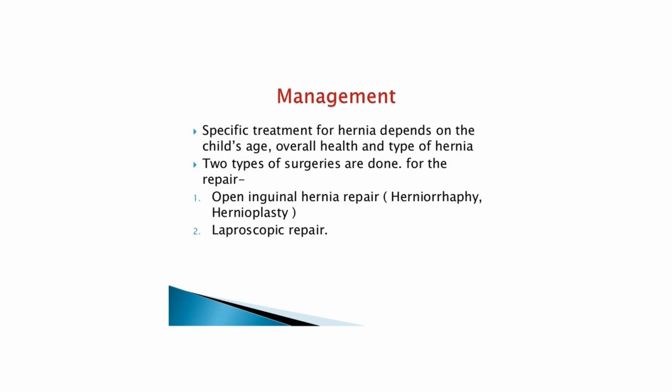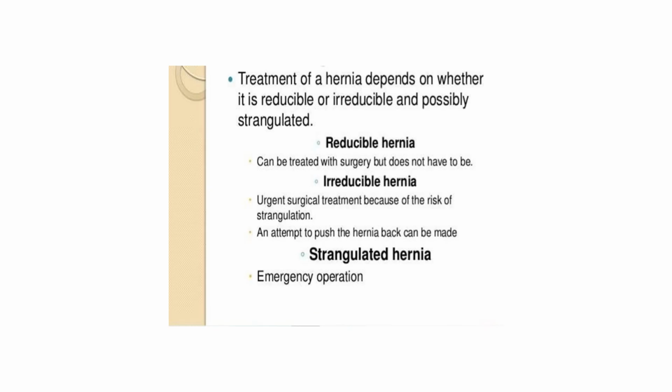So for the management, depending upon the severity of the inguinal hernia, specific treatment will be given according to the child's age and health. There are two types of surgery that can be performed: first is open inguinal hernia repair, and second is laparoscopic repair. The treatment of the hernia depends on whether it is reducible or irreducible.